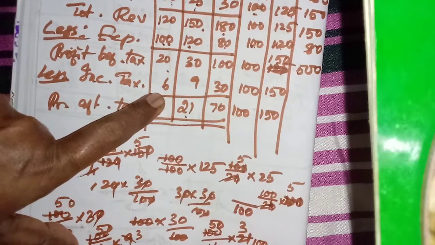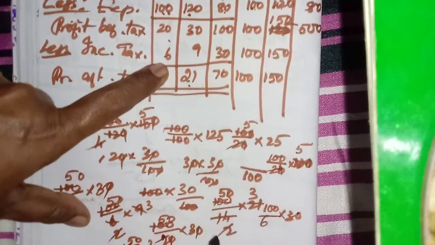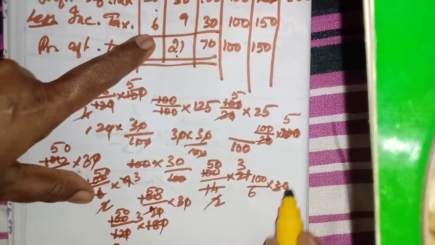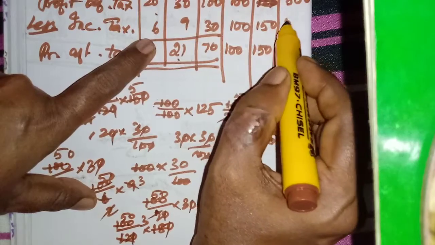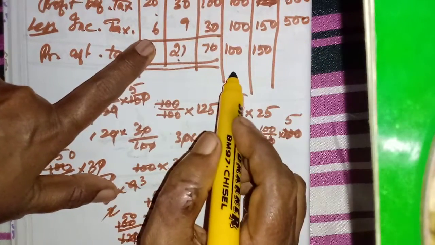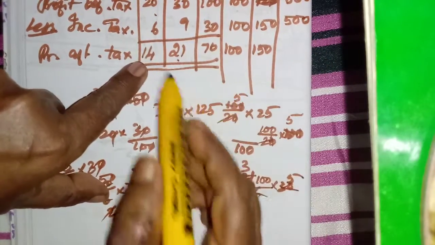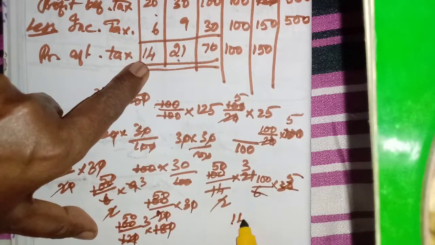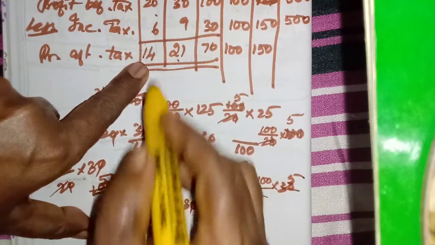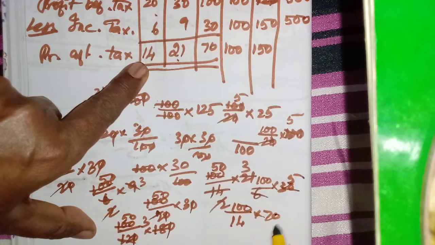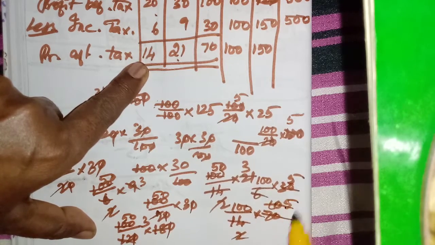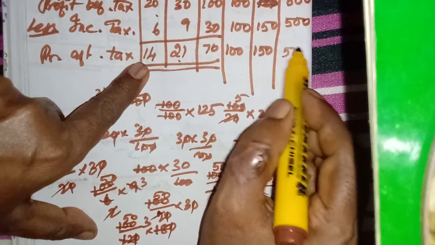Then for 30, 6, 5, isn't it? 500. Then for 1400. For 1400. So for 70. So 7 we can simplify. 2, 7, 10. Again 2, 5. 5 into 100, 500.